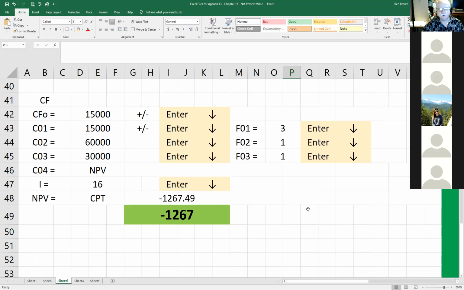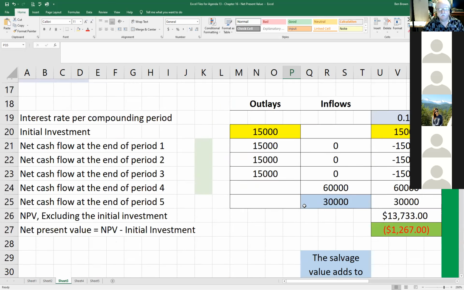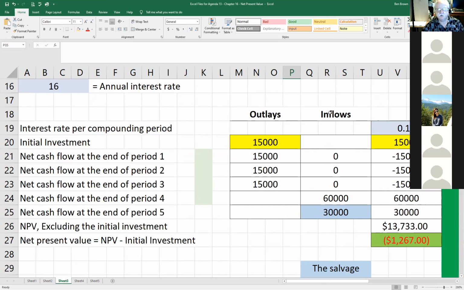So that's a situation where we have inflows and outlays. And I find it much easier to set it up in Excel where you can keep track of the money that you're paying, the money that you're getting, and then the result here.